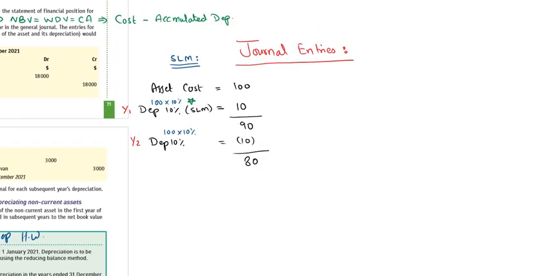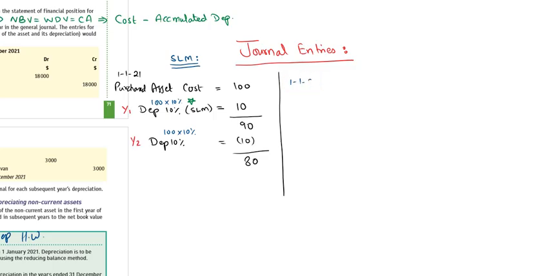So we write the journal entry for these 2 years. For example, we purchase the asset on 1st Jan 2021. Write the journal entry for all years. So here is the journal entry.